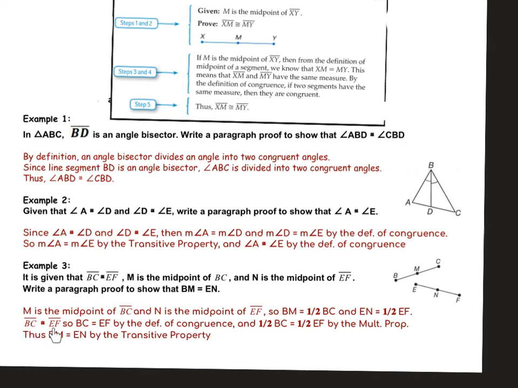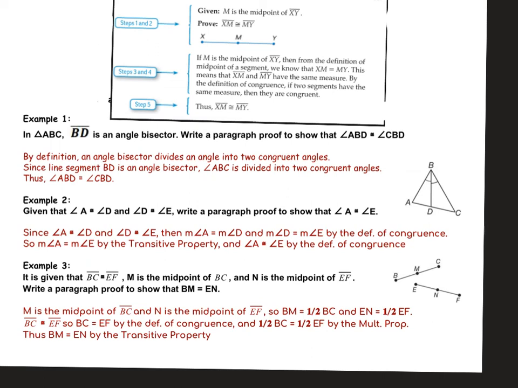Line BC is congruent to EF, so what that means is that BC is equal to EF. The lengths of them are equal. By definition of congruence, half of BC is equal to half of EF by the multiplication property. Thus, BM is equal to EN by the transitive property.